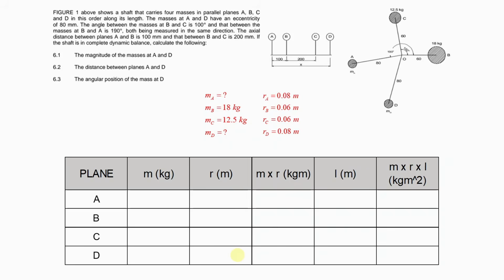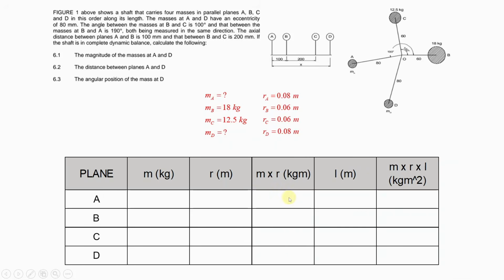In balancing, the unit we have for the force is kilogram meters. So you multiply the mass by the eccentricity for each of these masses to get the force acting on each of them, and once you do that, you will be able to fill this column.